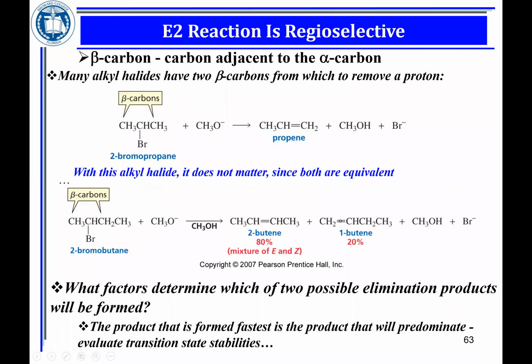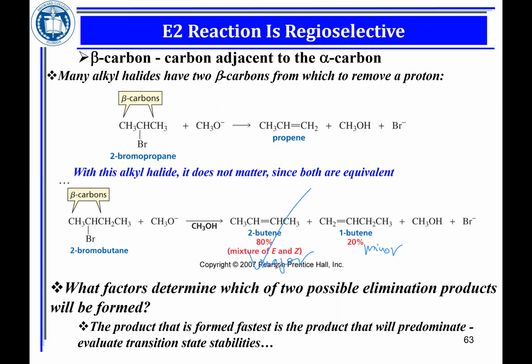We had major and minor product. Can you now see the difference? Why is this a major product and this one a minor product? What makes the major product a major product? How are these two different, the 1-butene and 2-butene?